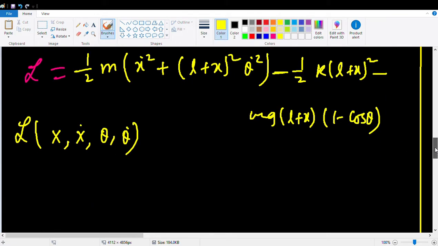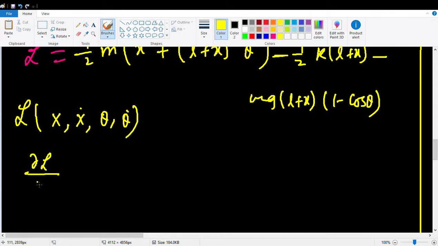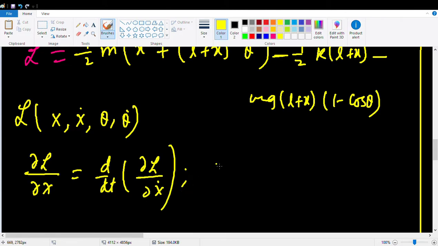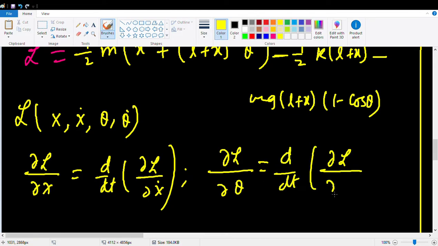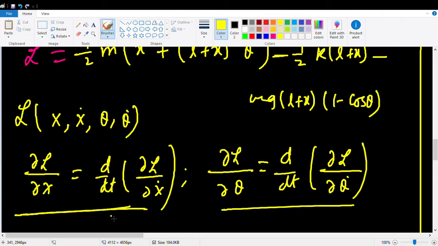So you are having two independent equations of motion, the angular term as well as the linear term.